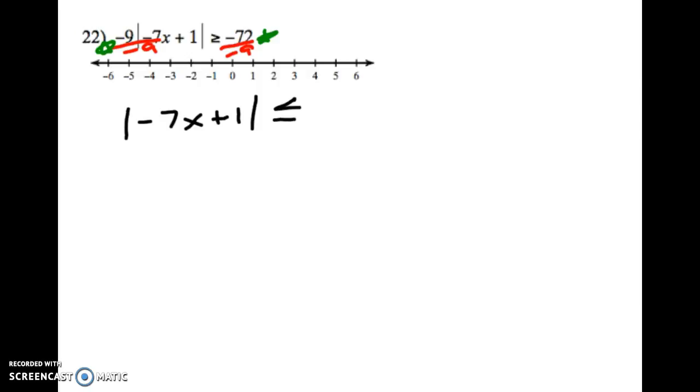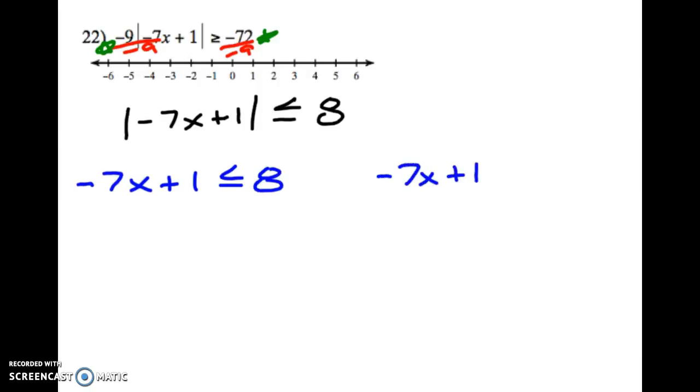Negative 72 divided by negative 9 should give us positive 8. So we set up our two cases. First one, dropping the absolute value signs. Second one, switch the direction of the inequality.